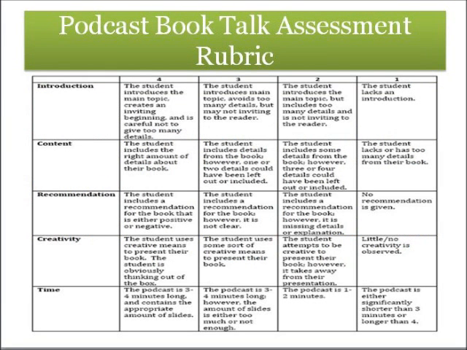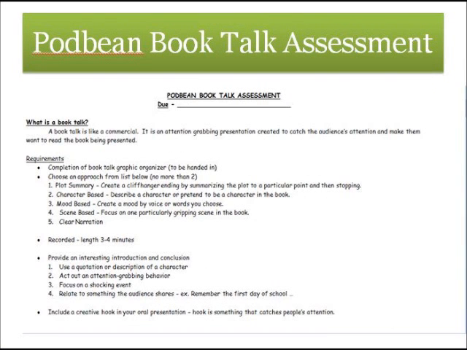Here we see the podcast book talk assessment rubric. We have points of 4, 3, 2, 1, including introduction, content, recommendation, creativity, and length of time. Students must complete each section as mentioned in the rubric in order to receive full points and credit. Lastly, the book talk assessment itself.